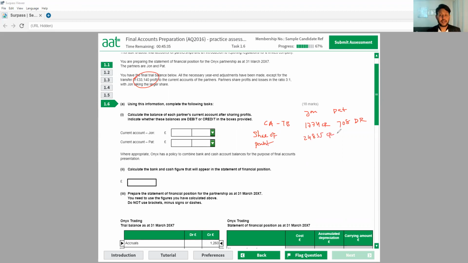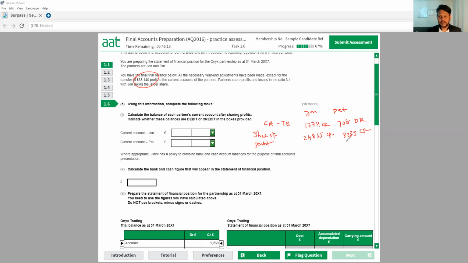Profit is always credit, remember that. And Pat will get only one portion. So 33,140 divided by 4, that is 8,285. This is also credit.